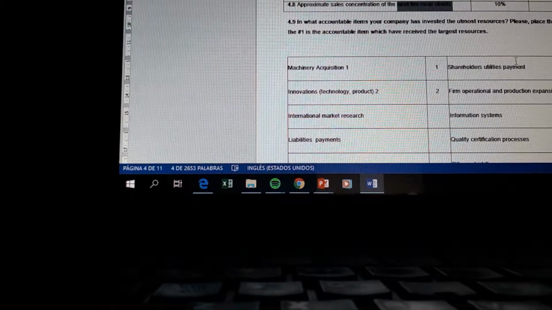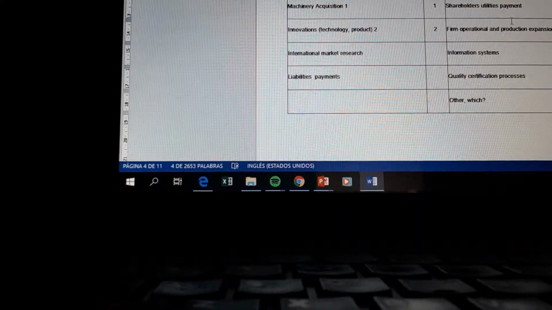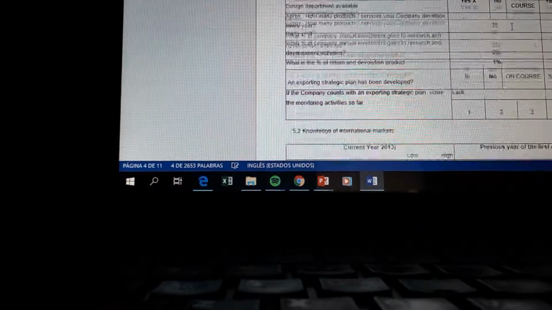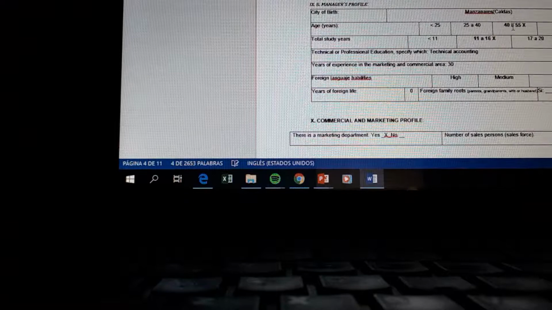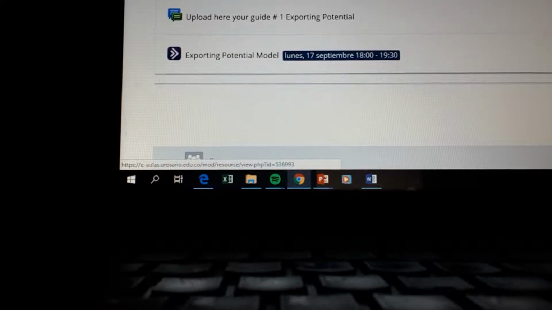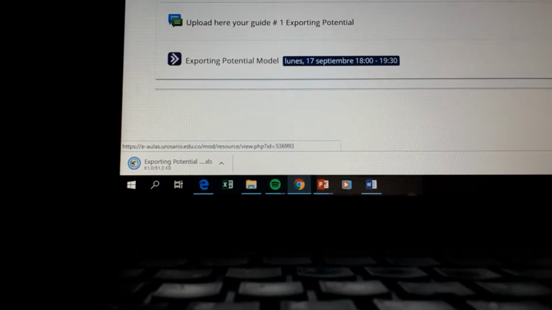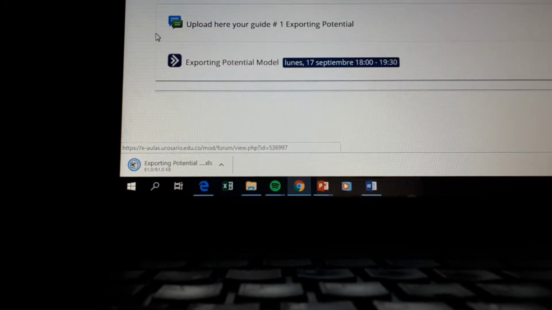So we can say that they have their eggs in different baskets. Then some other questions, a lot of questions and answers and subjects about how the company is prepared to start their internationalization process. So let's take a look at the exporting potential model. That was the file that we were talking about in the previous recording.